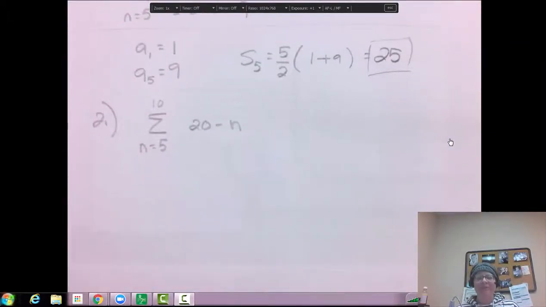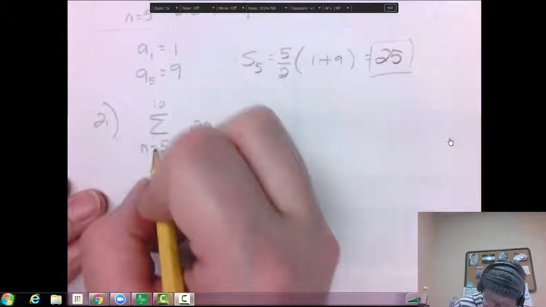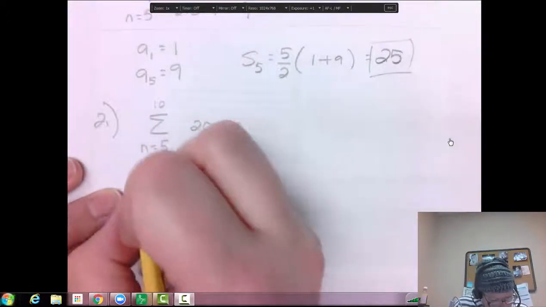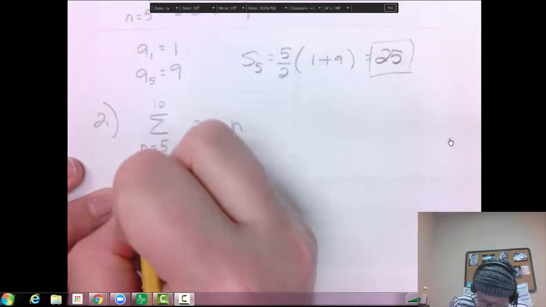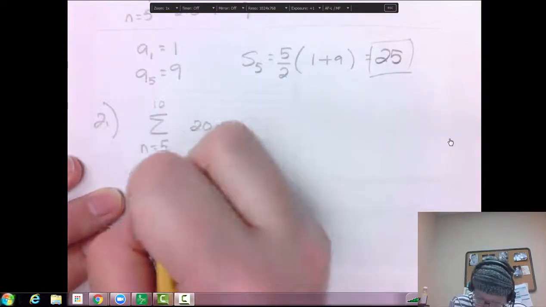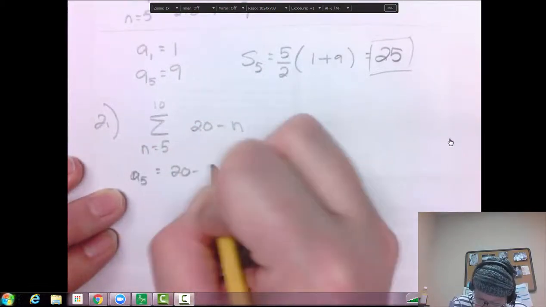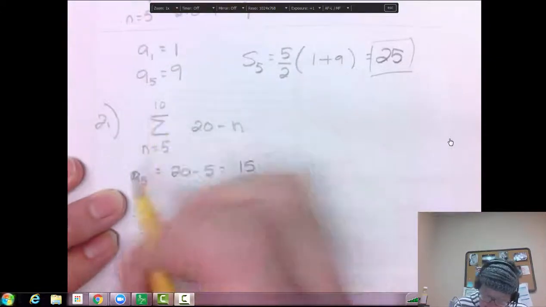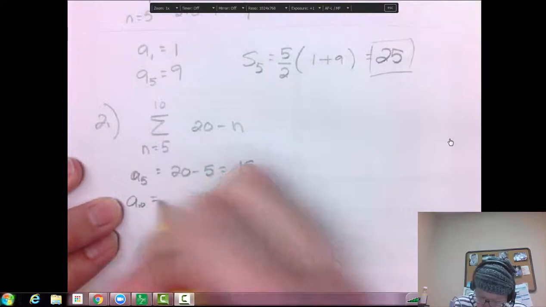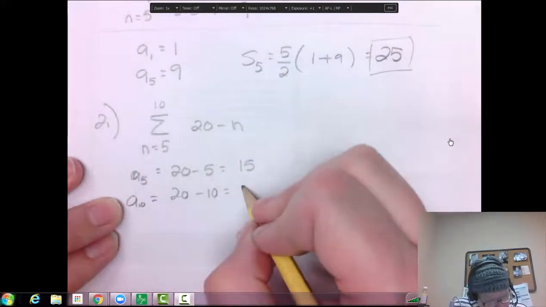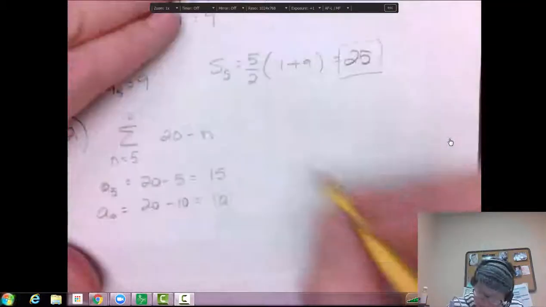We go from 5 to 10, and our formula is 20 minus n. Well, what's our first term? So what is n equals 5, or a5? You would put the 5 in, so you'd have 20 minus 5, which would give us 15. Then put in the 10, so you're doing the 10th term here. So 20 minus 10 is equal to 10.